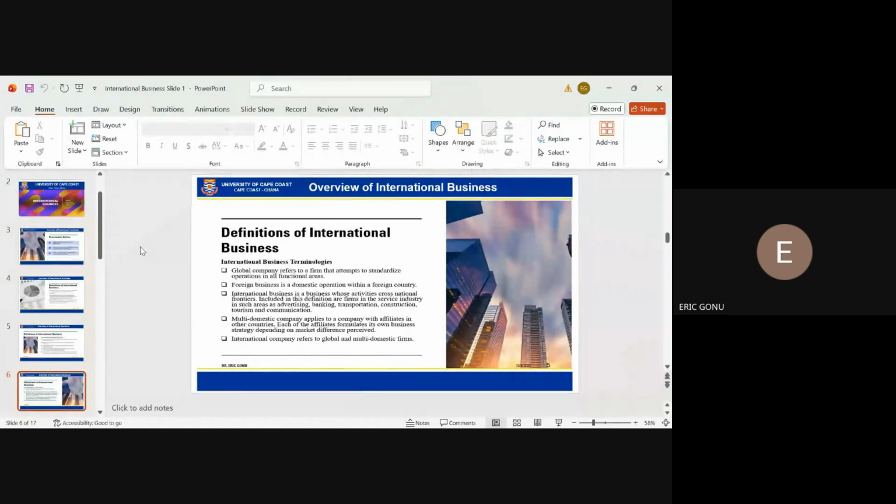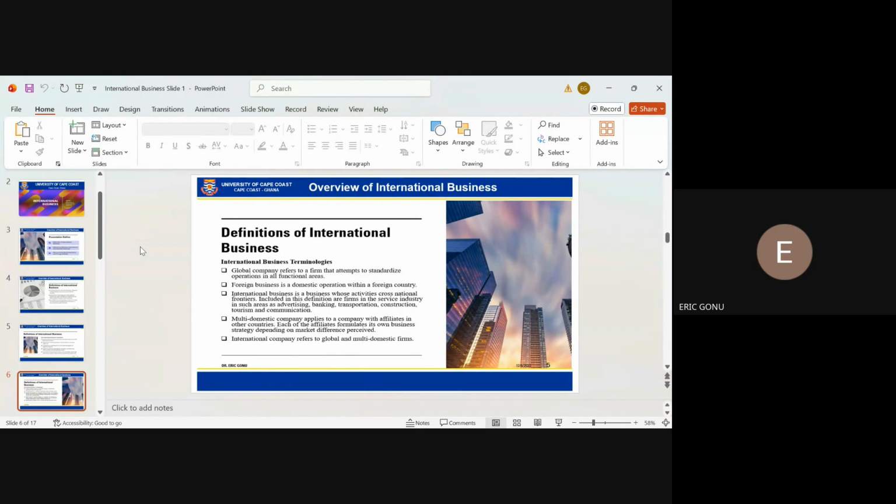Then the third, on top of international business, is a business whose activities cross national frontiers, including firms in the service industry. Those are what we just talked about. They are multi-domestic companies. A multi-domestic company applies to a company with affiliates in other countries. Each of the affiliates formulates its own business strategy depending on perceived market differences.